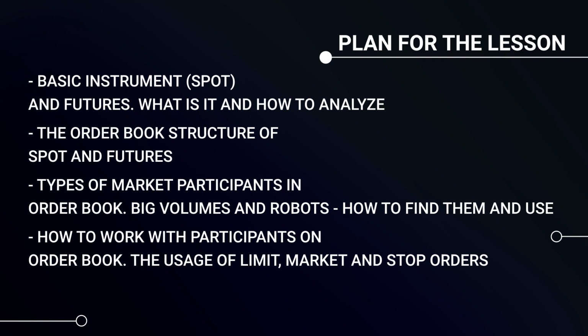Then we're going to cover types of market participants in the order book, and talk a little bit about big volumes, so densities and robots, how to find them, and how to use them in your trading plan. And finally, we're going to discuss how to work with participants in the order book, the usage of limit, market, and stop orders. And finally, we're going to watch some videos with examples of all the things that I've mentioned above.